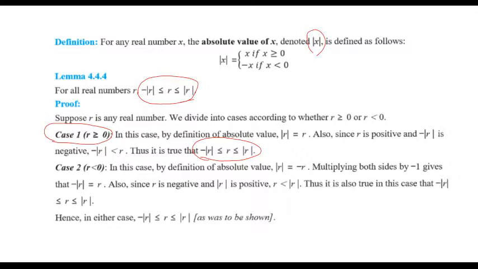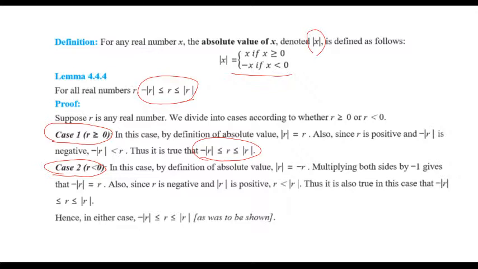Now let's go to the second case. The second case is R is negative. Let's see if we can prove the lemma in the second case. In the second case, by the definition of absolute value, again, the absolute value of R should be negative R, because as you see here, we said the absolute value of x is negative x if x is negative.